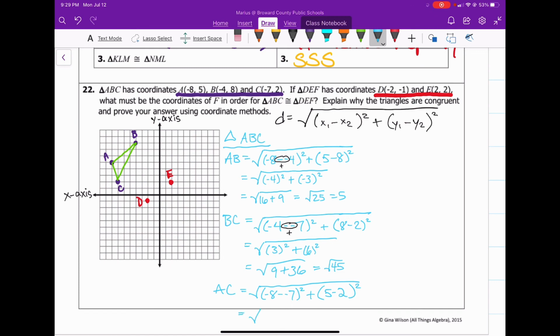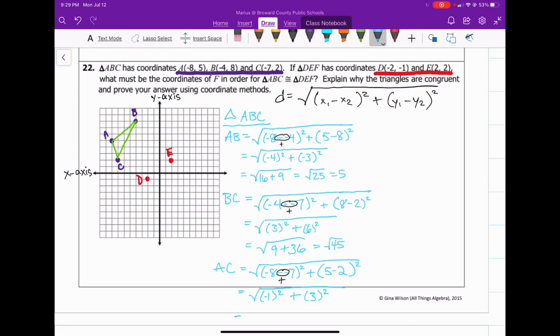We continue working that out, and we have a situation with the double negatives again where we have to add. So that's going to become negative 1 squared plus 3 squared. Negative 1 squared is just 1, 3 squared is 9. That's going to give us the square root of 10. There we go. So we have 5, the square root of 45, and the square root of 10.